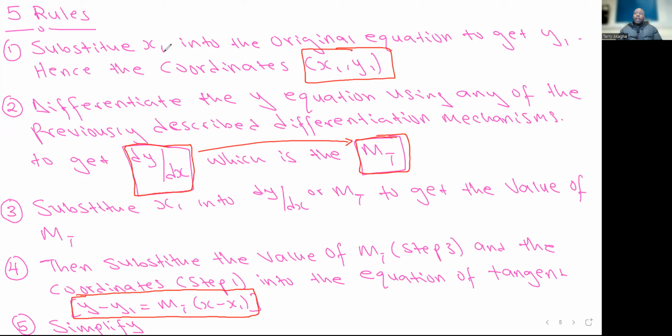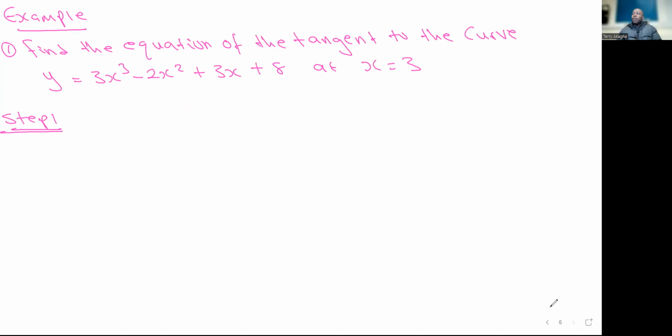So we'll have to substitute x1 into the original equation to get y1, hence the coordinates. So y will be equal to 3 cubed minus 2 times 3 squared plus 3 times 3 plus 8. Anywhere you see x, you put 3 in there.